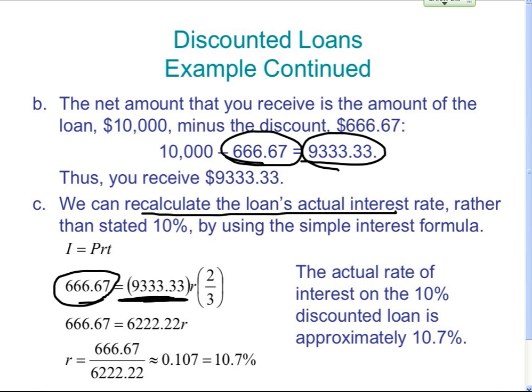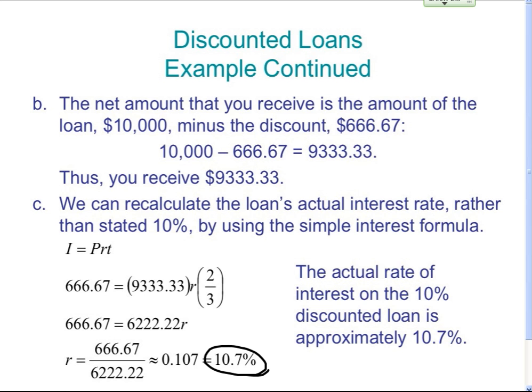We don't know the interest rate, and we know what the time is. So we substitute these numbers into the formula and calculate. So even though the bank tells us it's an interest rate of 10%, the actual interest rate for this loan is 10.7%. So it's actually a little bit more than advertised, if you will.